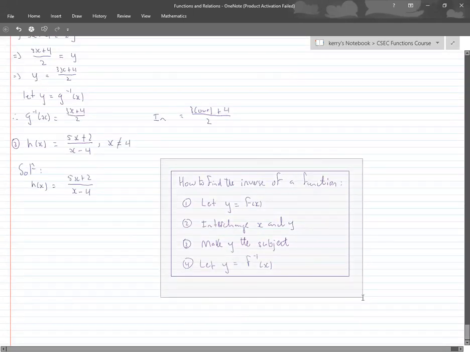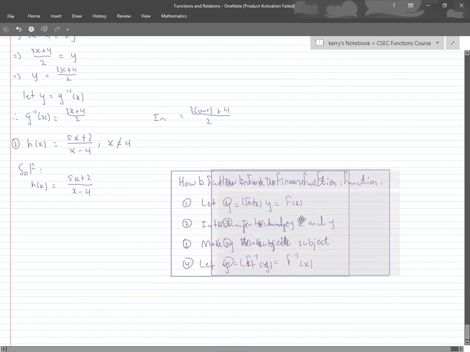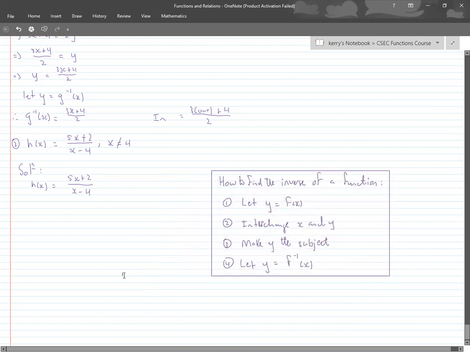Our first step is we let y be equal to f of x. In this case, we have h of x, so wherever we have h of x, we replace it with y. That gives us y is equal to 5x plus 2 over x minus 4.